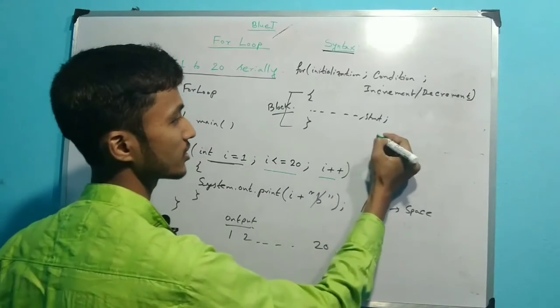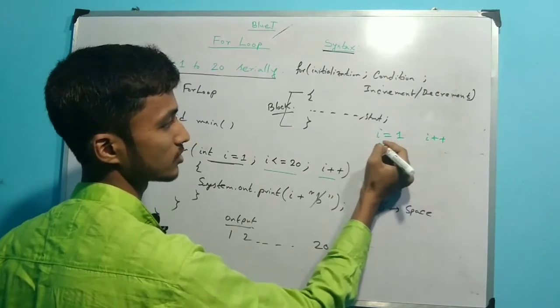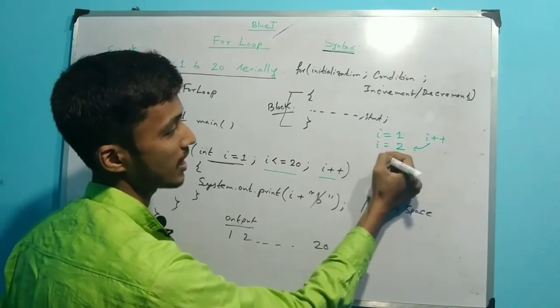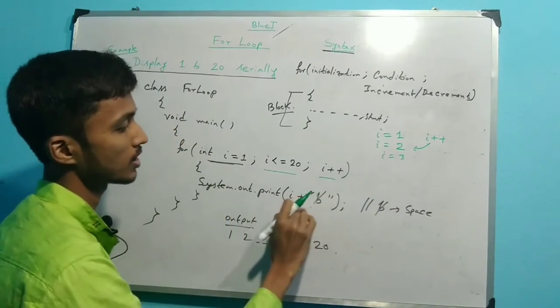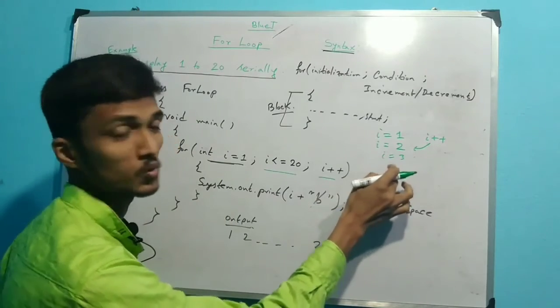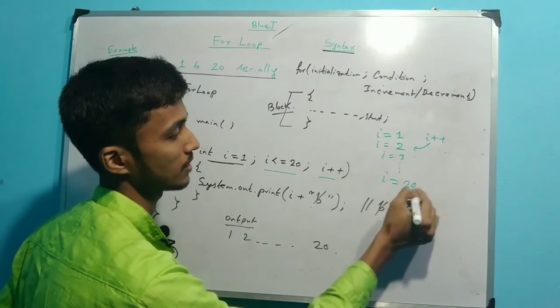First i starts at 1. Next i plus plus, so i equals 2, then i equals 3. Increment i plus plus, the loop continues and executes, printing 1, 2 and so on, up to 20.